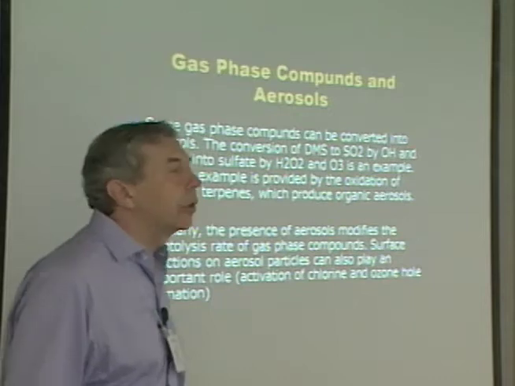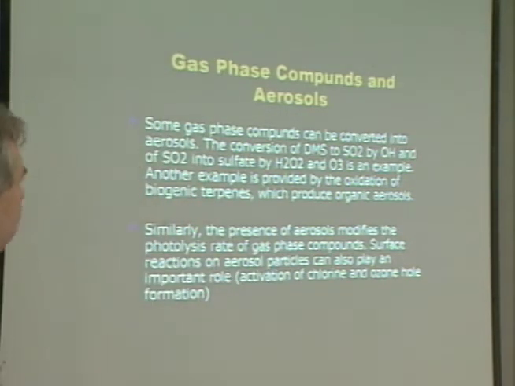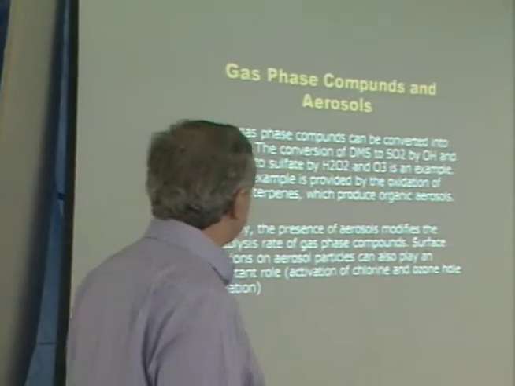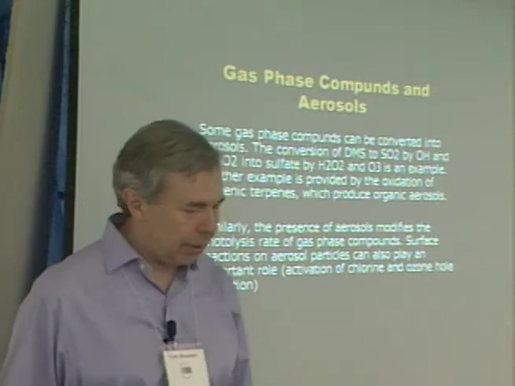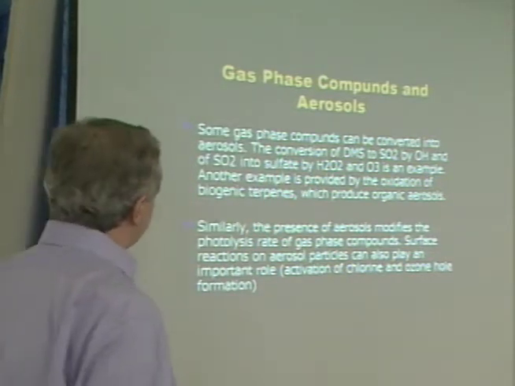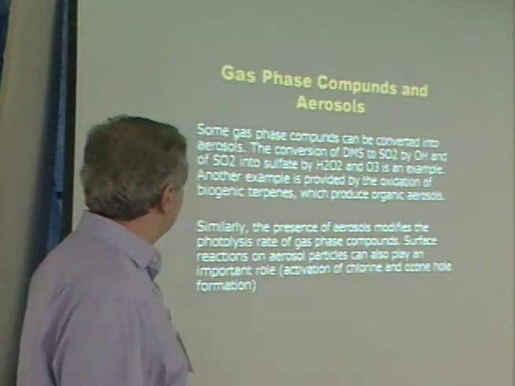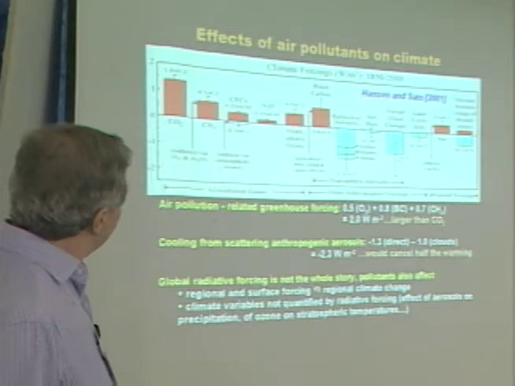And in addition, of course, aerosols provide sites for chemical surface reactions, both in the troposphere but also in the stratosphere where, for example, chlorine is activated on the surface of sulfate aerosols or ice particles and is the source of the formation of the ozone hole.